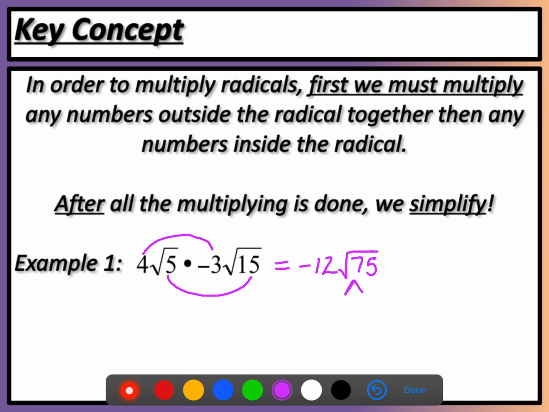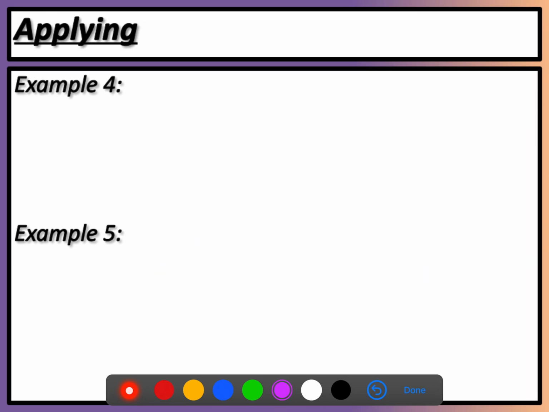I can split 75 into 25 and 3. Remember this comes out as 5, and when there is a number already outside the square root, we're going to multiply. So this gives us negative 60 square root of 3. The insides together and the outsides together. Remember, those insides can now be different in order to multiply.